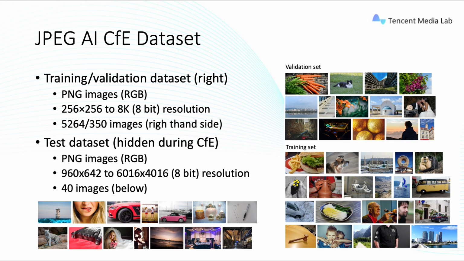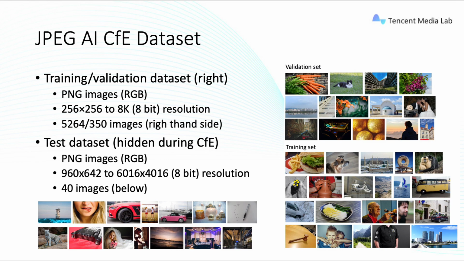The JPEG AI database was constructed for training, validation, and testing the proposed learning-based image coding solutions. In JPEG AI CFE, the proponents were allowed to use a different training dataset provided that it was fully described in the proposal.